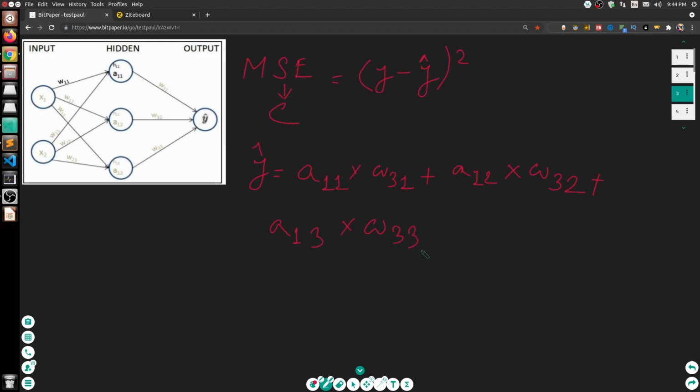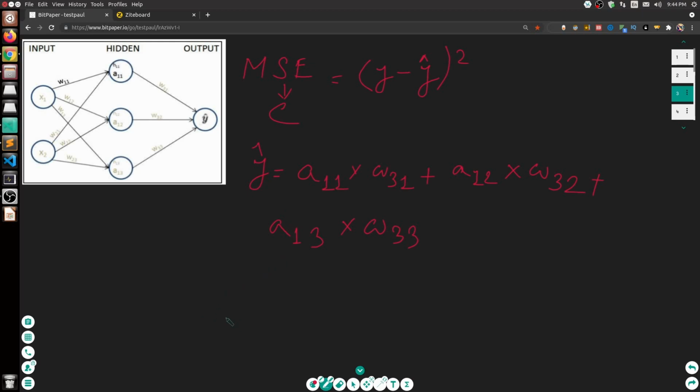And remember, we already talked about how the subscript number for the weight is determined. The first number is where it is going, and the second number is where it is coming from.